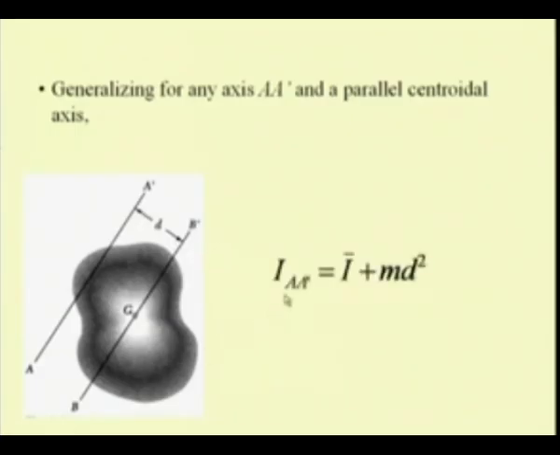Then we can write I a prime, or the second moment of the mass with respect to this axis, is equal to I bar, that is the second moment of the mass with respect to this centroidal axis, plus m d square, mass into this distance square.